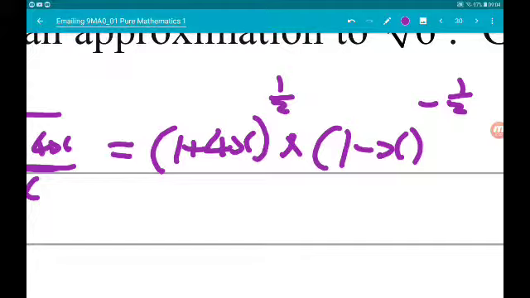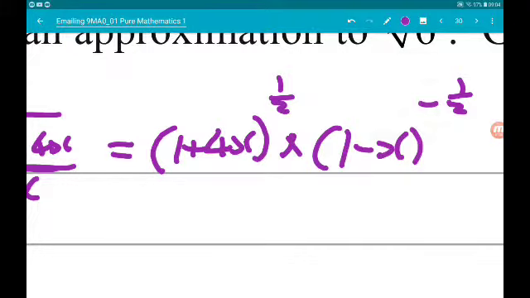So what we need to do is find the first few terms in each of these expansions. Now they only want us to go up to the x squared term, thank God, so we only need to go up to the x squared term in each of these expansions.